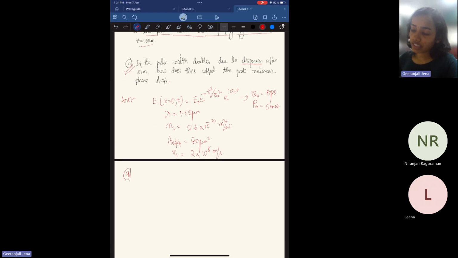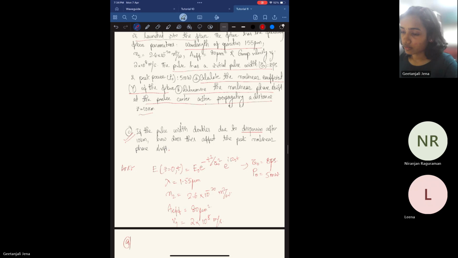For A, we need to find the value of the nonlinear coefficient.